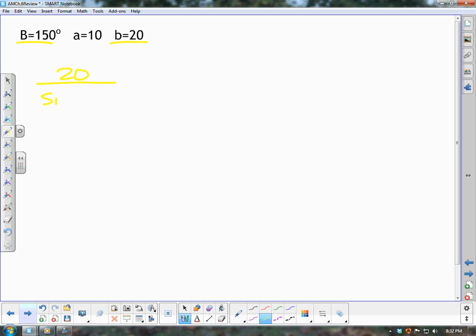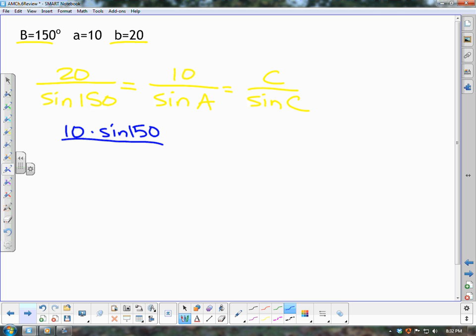So it's 20 over sine of 150 equals 10 over sine of A, and then C over sine C. And so now we have 10 times sine 150 over 20 equals sine of A. And this time, A is going to equal inverse sine of that, which is approximately 0.25.